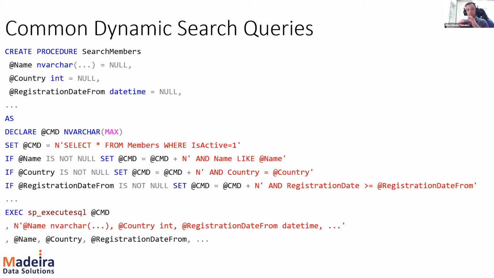And instead of the query itself implementing the logic of if it's null, then ignore, otherwise filter by it, this same logic will be implemented by the T-SQL that wraps around the dynamic query. For example, if name is not null, then concatenate to the dynamic command the filter for the name column, and so on for the rest of the columns.